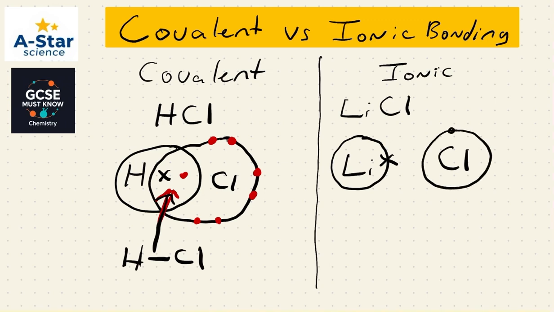And I'm going to do these as dots. Here's the 7. Now, unlike covalent, where electrons are shared, in ionic they are lost or gained, or transferred. So the electrons are going to be lost or gained.